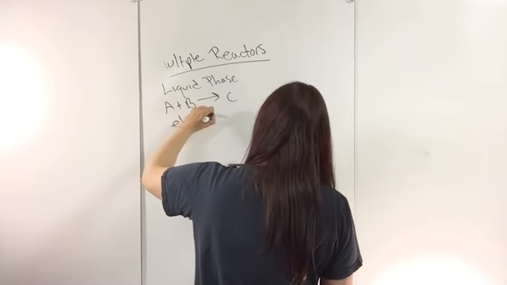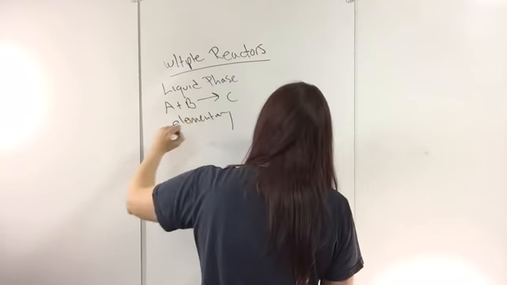It's elementary, isothermal. It's a flow system. So Ca naught is equal to Cb naught is equal to 2 moles per dm cubed.